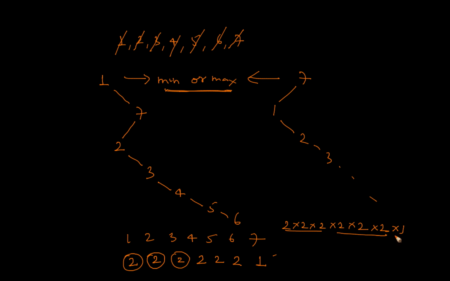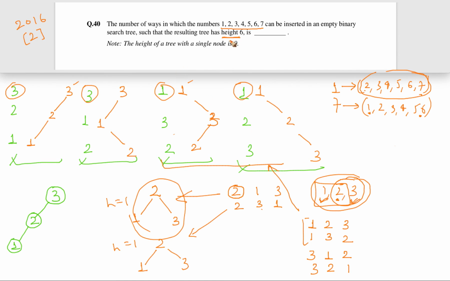So actually 2 raised to the power 6 is going to be the number of ways, which is 64. In 64 ways this can be chosen, and corresponding to each of the 64 ways we will have a different structure of the tree, but each and every time it is going to have height 6, and that is what we want, height 6. So the total number of ways is 2 raised to the power 6, which is 64, and that is the answer.